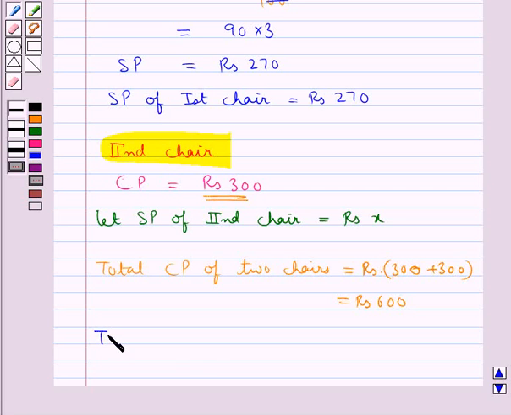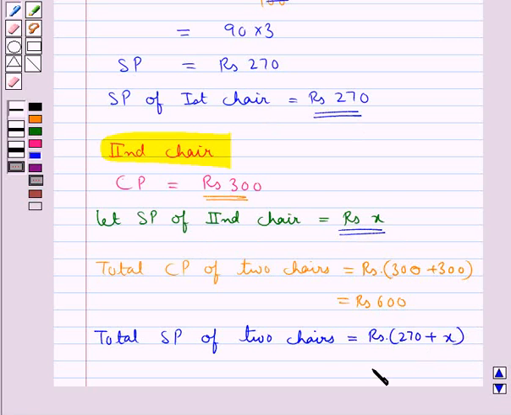Now, total selling price SP of two chairs is equal to the selling price of first chair, that is rupees 270, plus selling price of second chair, that is rupees X. So this is equal to rupees 270 plus X is the total selling price of two chairs.